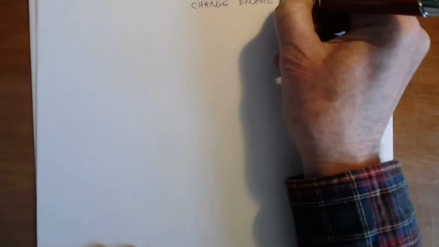All right, so let me go on for one moment. What we're going to do is look at the effects of feedback on transients. How does feedback change the dynamic response?